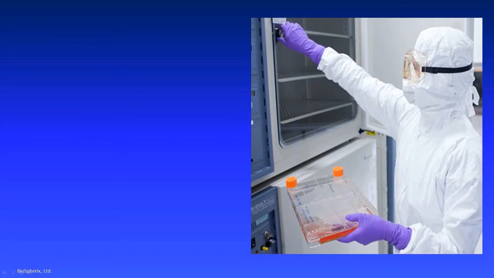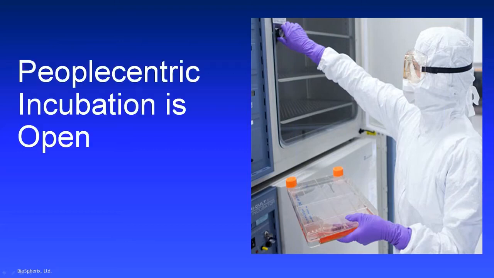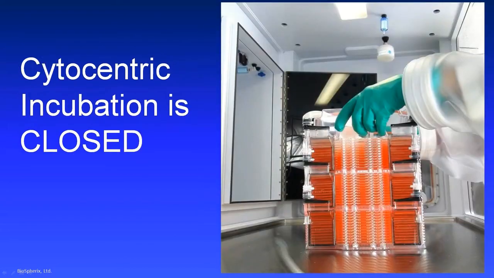So they keep those rooms cold, which makes it worse for the cells when they're exposed to that room air environment. So this is what we call people-centric. It's really designed for the convenience of the people in the lab. Easy access, you can get things in and out of the incubator easily, but it's really not ideal for the cells.